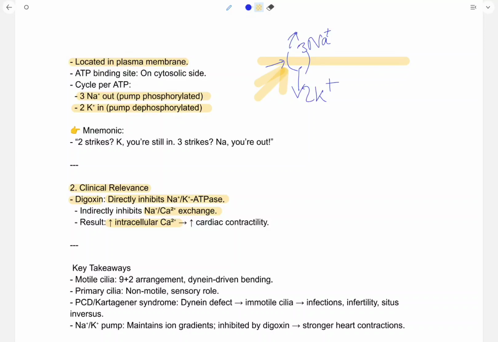When there is a lot of calcium inside a cell, that leads to increased cardiac contractility. So these are the main functions of digoxin.